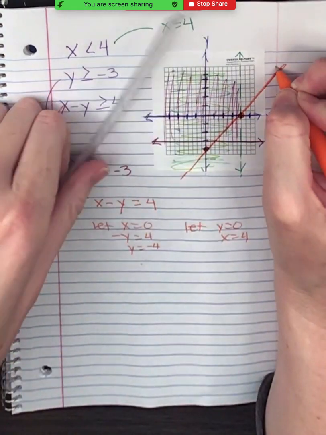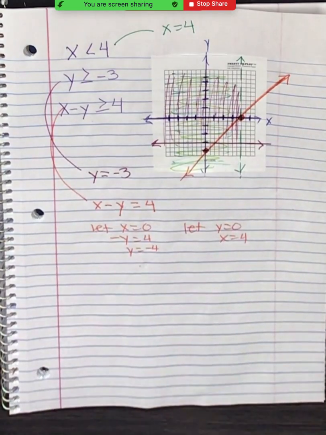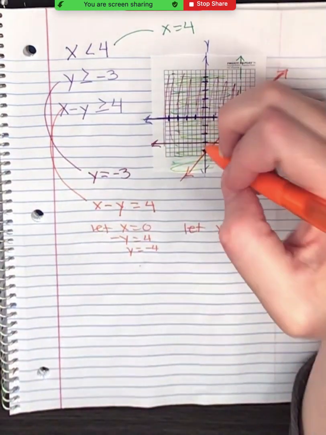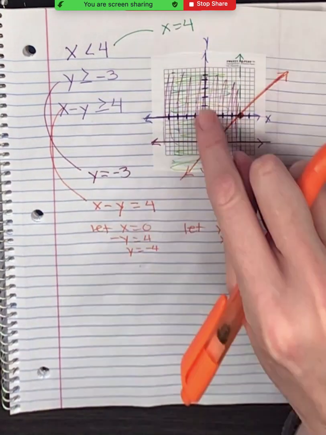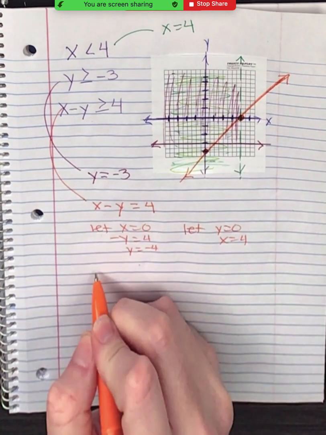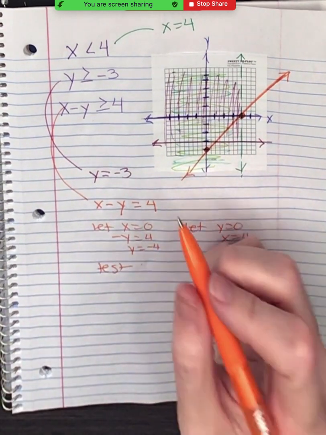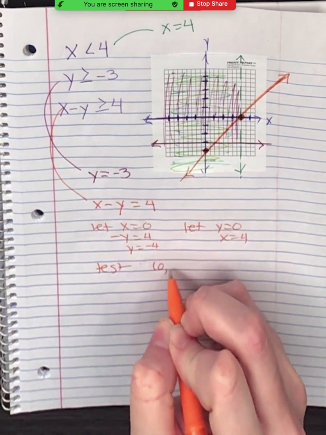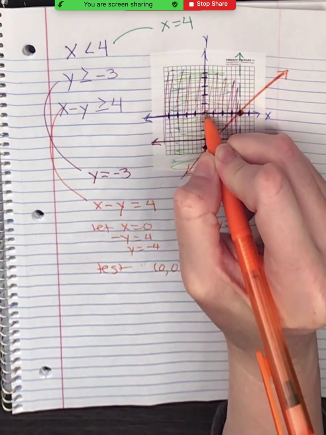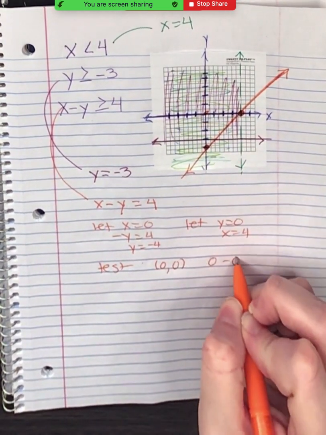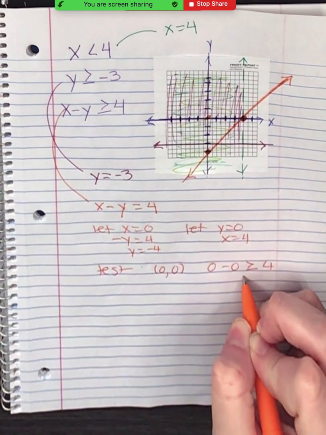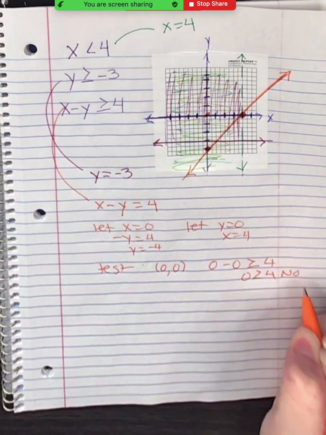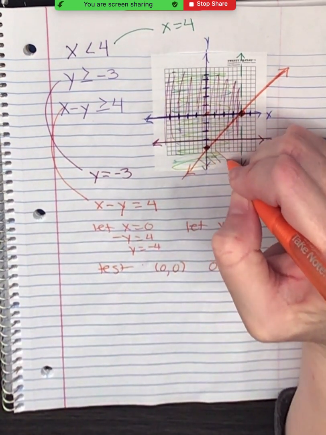Okay, and then you have to decide which way this one shades. Is it going to shade up, above it, or below it? Okay, so I'm going to test, say 0, 0. Okay, that's right here. So is 0 minus 0 greater than or equal to 4? And it's not, so I'm going to shade below, okay?